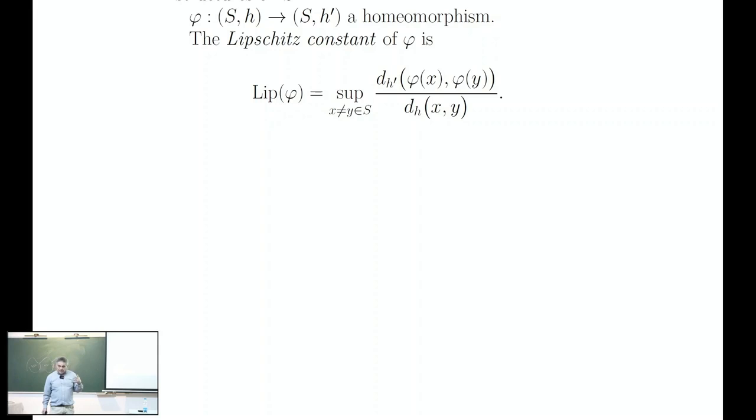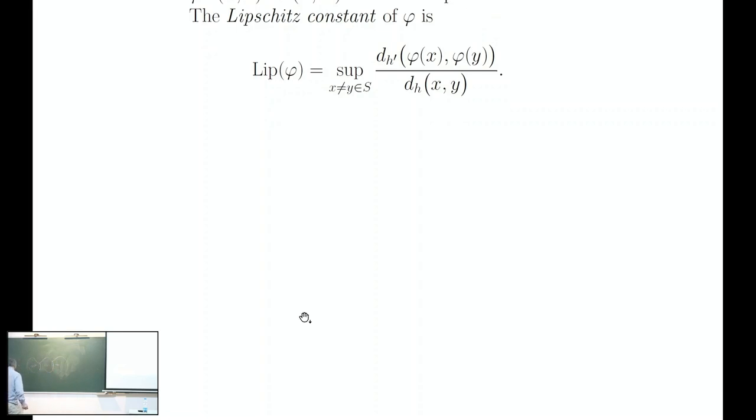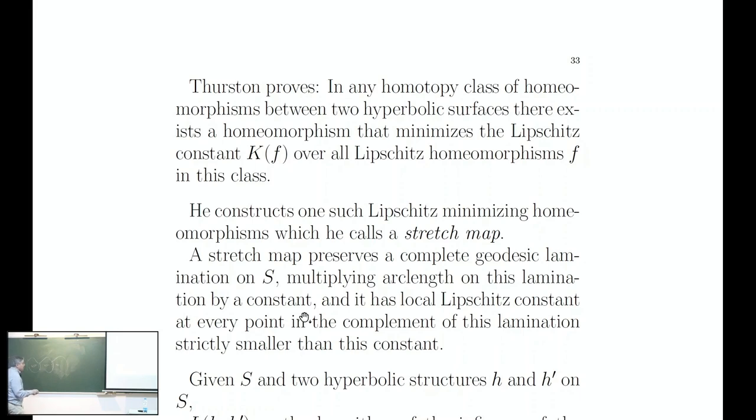By general theorems of topology, there exist some maps between the two surfaces that realize the minimum constant. But why is this a homeomorphism? What I'm saying here is that one of the results of Thurston in this paper is that in any homotopy class between two hyperbolic surfaces, there exists a homeomorphism that minimizes the Lipschitz constant.